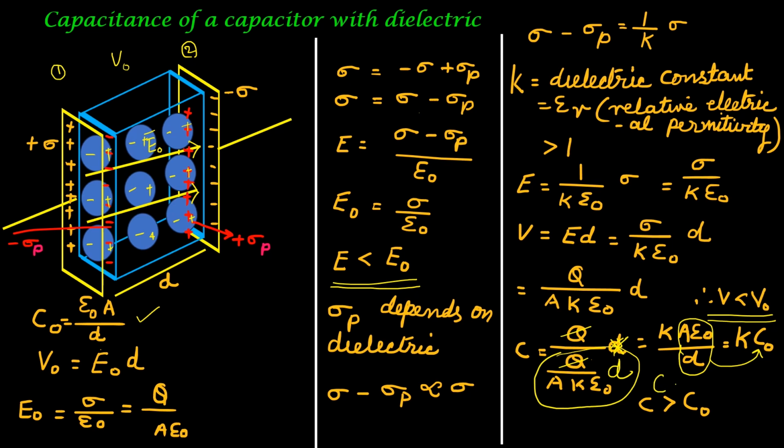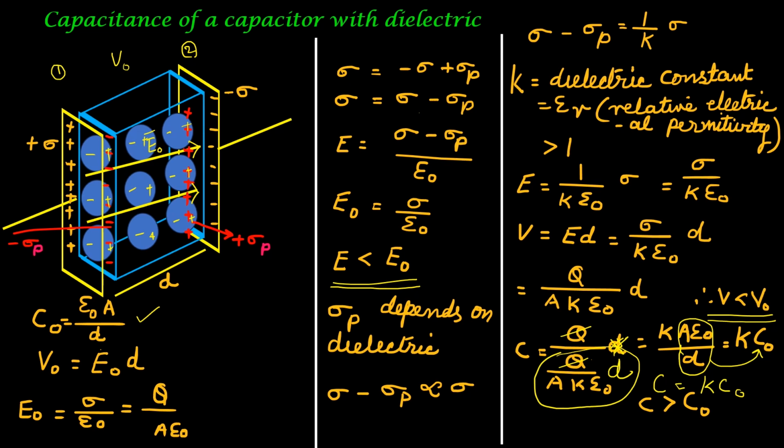That is, capacitance with dielectric is greater than capacitance without dielectric. When a dielectric is introduced between the capacitor plates, the capacitance increases by K times. K is a relative electric permittivity of the dielectric medium. For example, if a dielectric with relative electric permittivity equal to 3 is used in the capacitor, then the capacitance of that capacitor will increase by 3 times its capacitance without the dielectric medium.